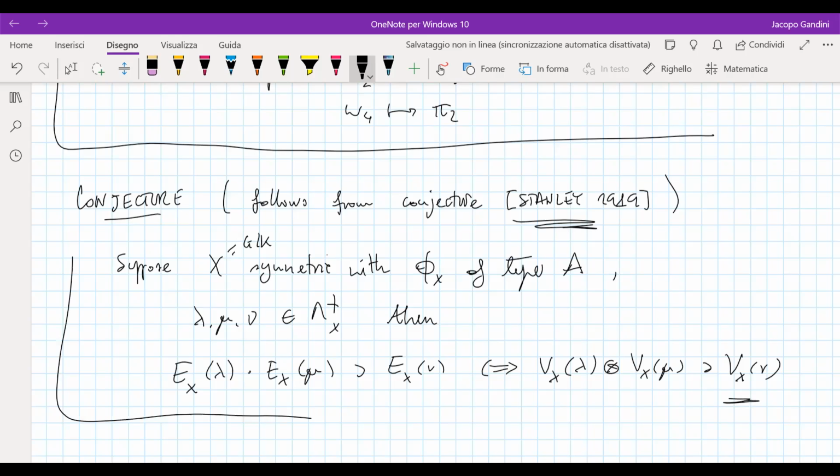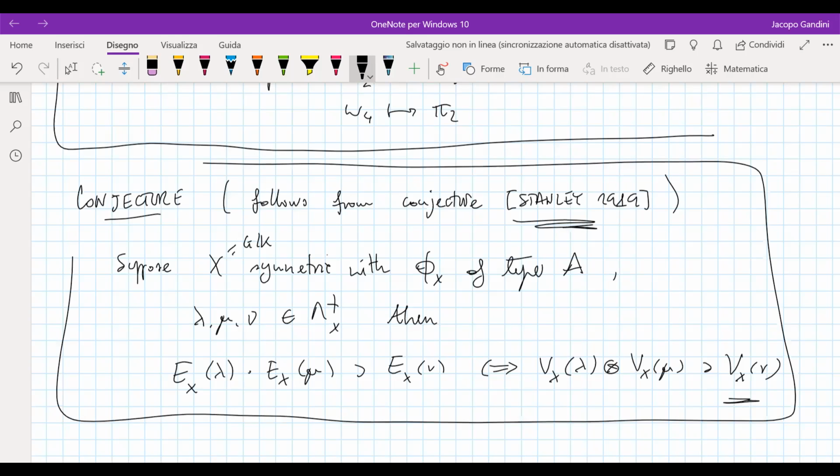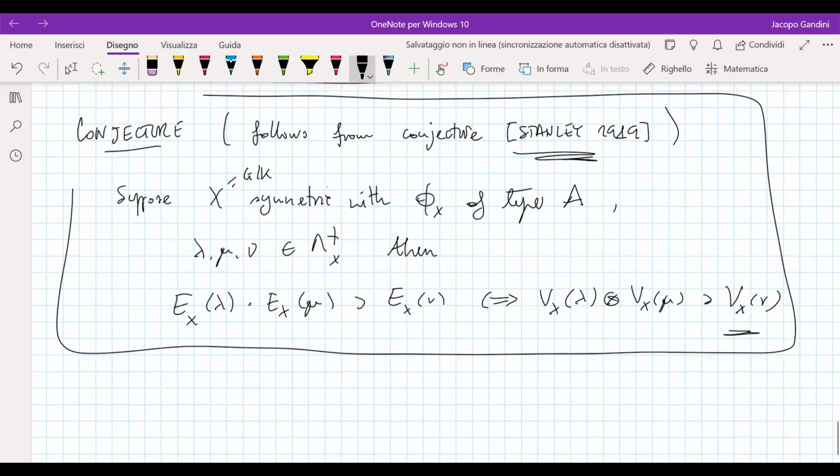Just a few words, I don't want to say very much, but what are Jack polynomials?